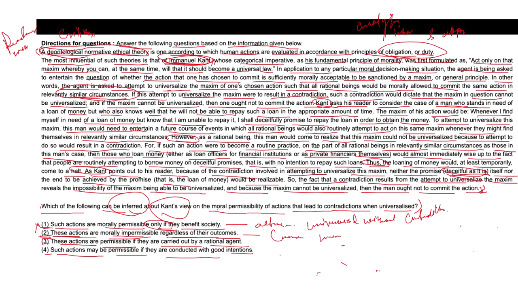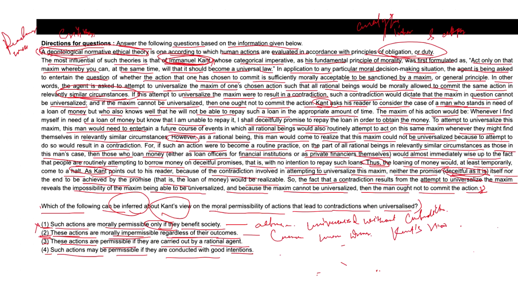No matter what the results are, this aligns with Kant's view, which says that if an action cannot be universalized without contradiction, it is morally wrong. So in that case, we can consider option two would be appropriately inferred about Kant's view.